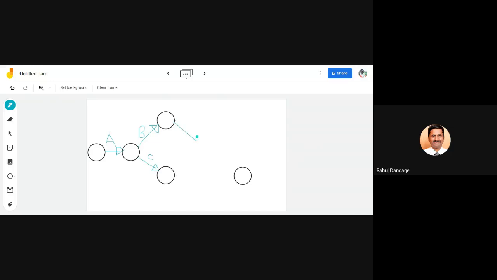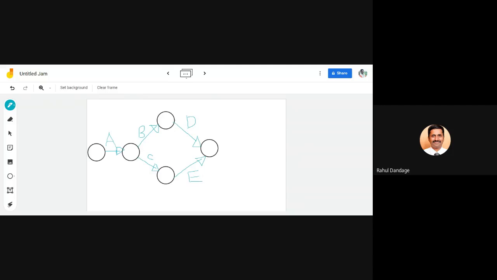So what should be the ideal situation? Activity D depends on B. Activity E depends on C. So we should have these two brought together in this particular format. Okay. And then what is the next logic?